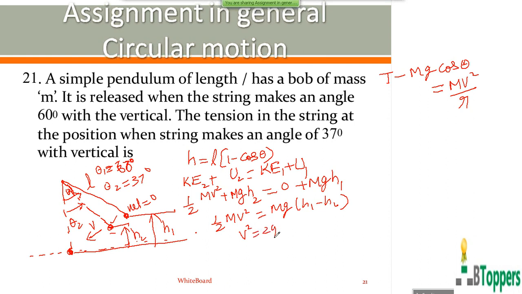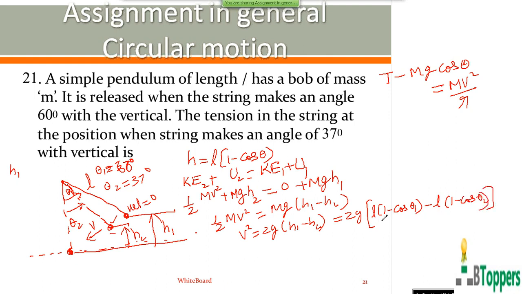So v square equals 2g into (h1 minus h2). We can write h1 equal to L into (1 minus cos theta 1), and h2 equal to L into (1 minus cos theta 2).